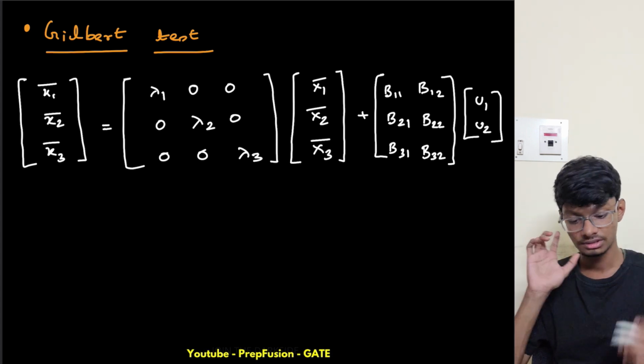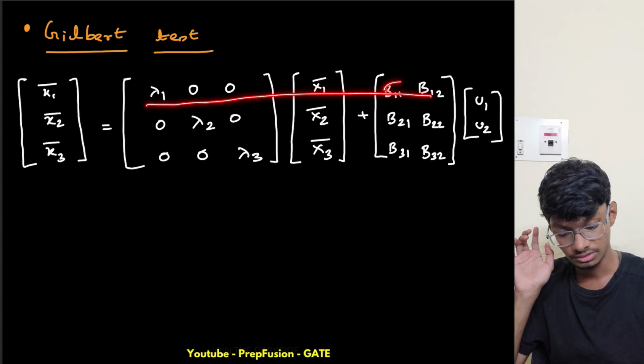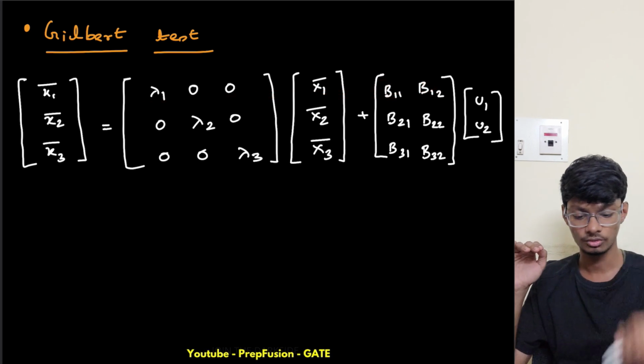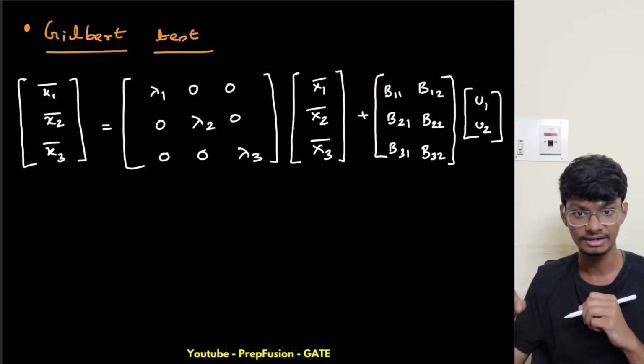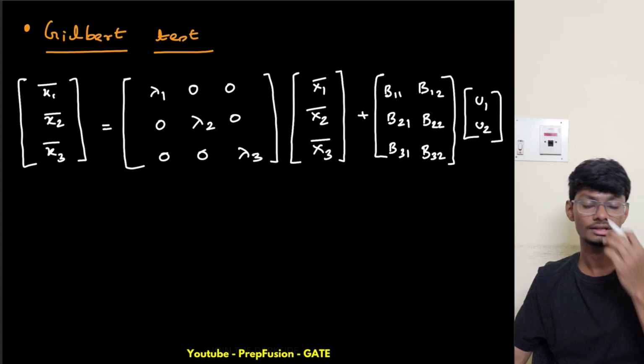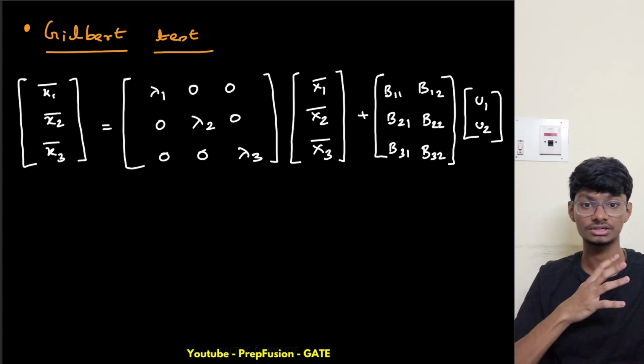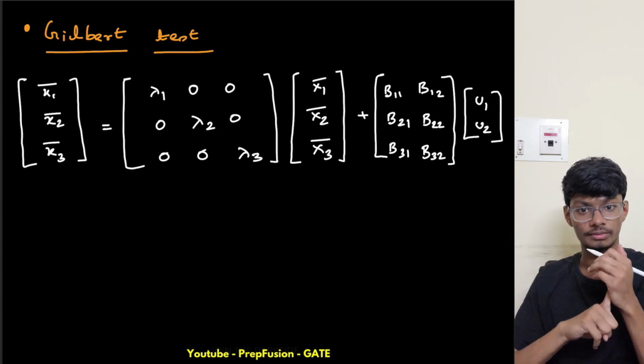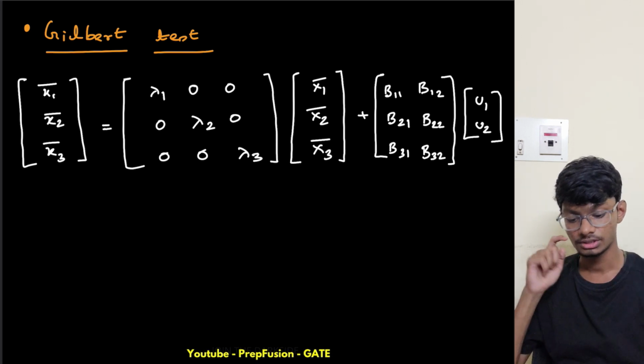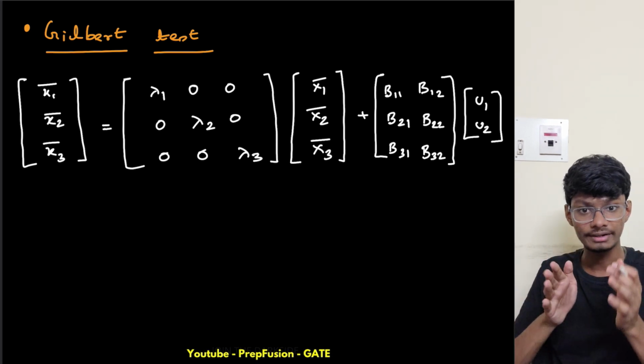If along this row, the complete first row of the B matrix is 0, then the state space representation will not be controllable. So just by looking at the matrix I can say that.